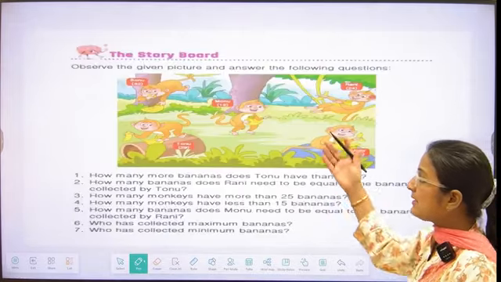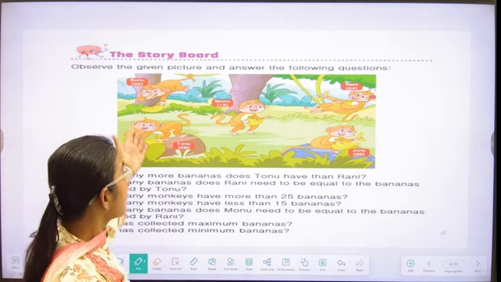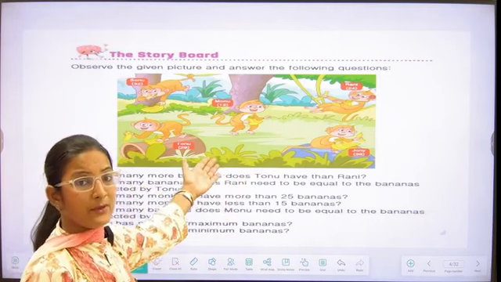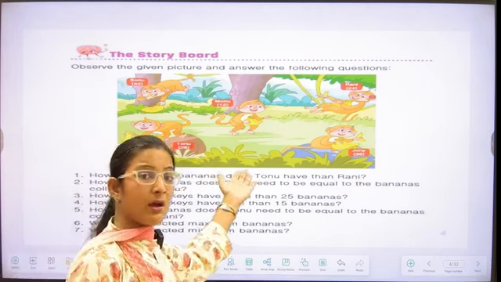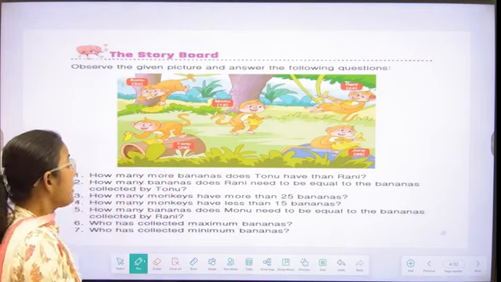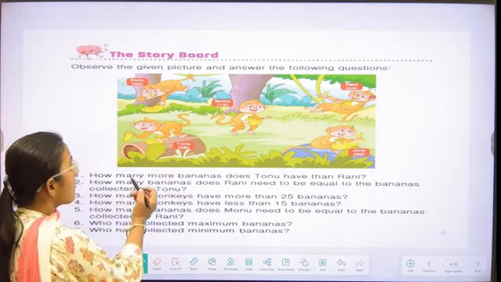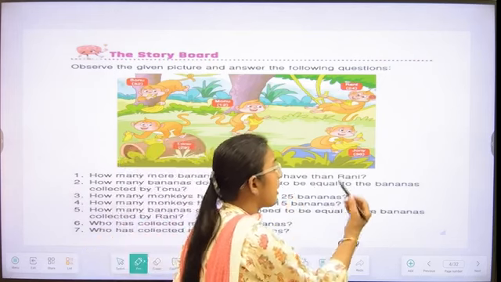As you can see in the picture, there are monkeys in the forest. And what are they going to do? They are eating bananas, students. So what do we have to do? We have to tell how many more bananas Tonu has than Rani.